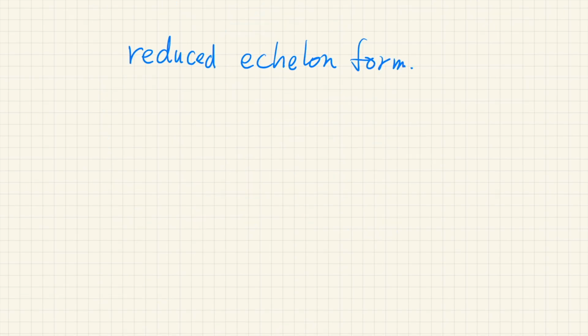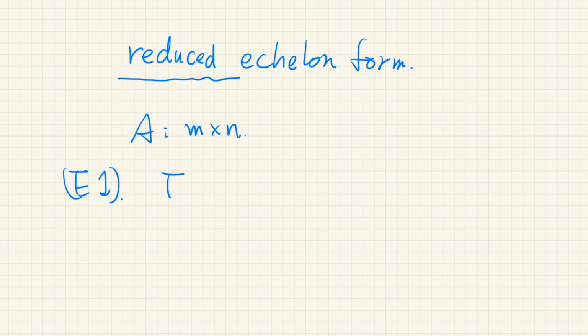Now we are ready to define the reduced echelon form. Matrix A, which is say an m by n matrix, is said to be in the reduced echelon form if the following conditions are satisfied. First, it's in the echelon form, of course.